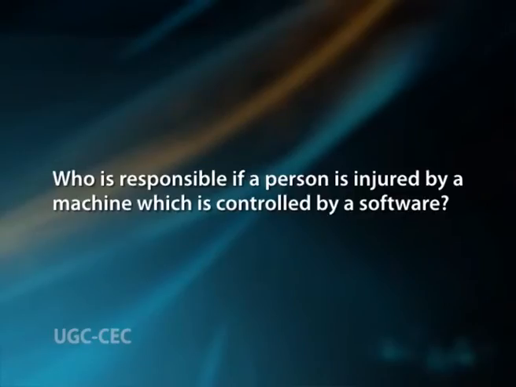The development of information technology also creates a new problem relating to liability and social practices, which makes individuals and organizations held accountable. A question arises as to who is responsible if a person is injured by a machine which is controlled by software.